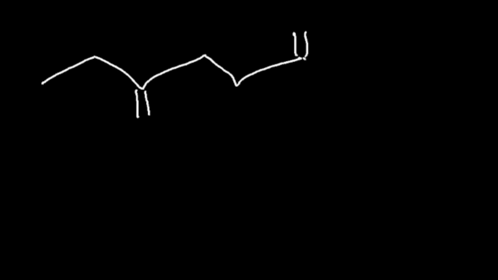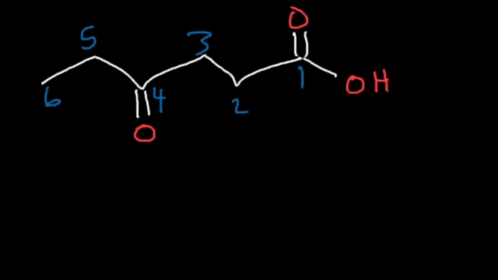Now let's move on to our next example. Try this one. What is the name of this particular compound? So we need to start counting from the carboxylic acid. And which group has higher priority? The ketone or the carboxylic acid?